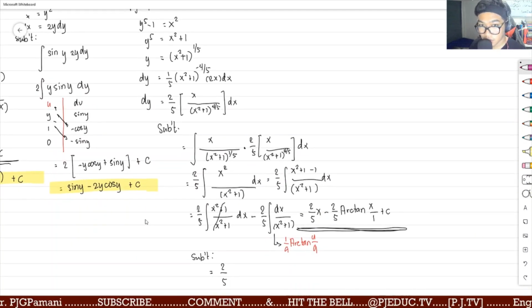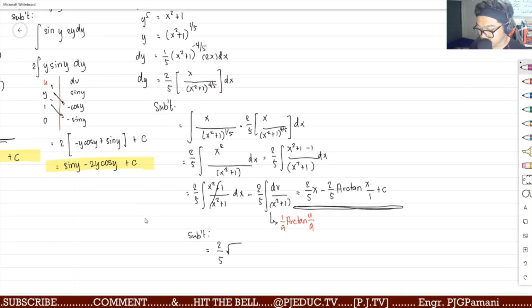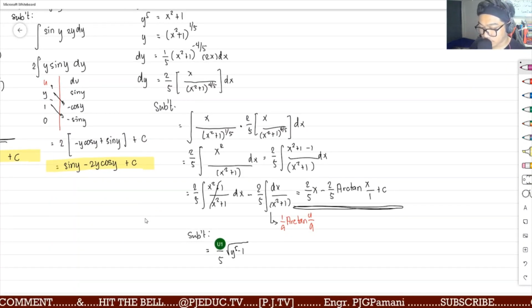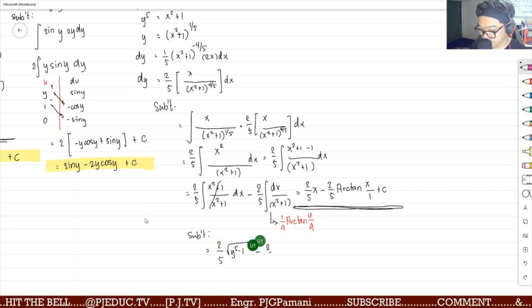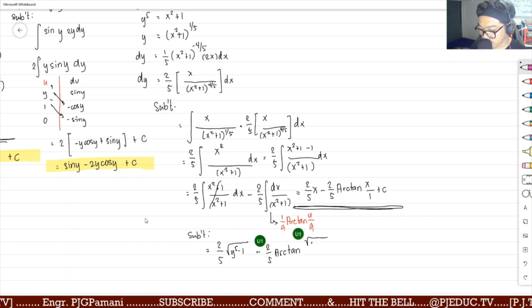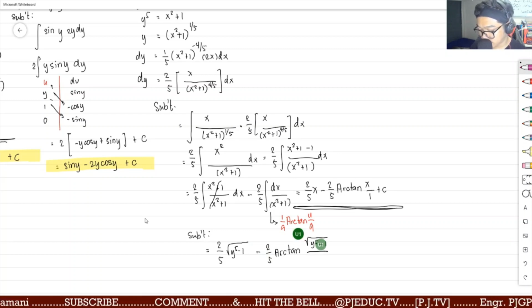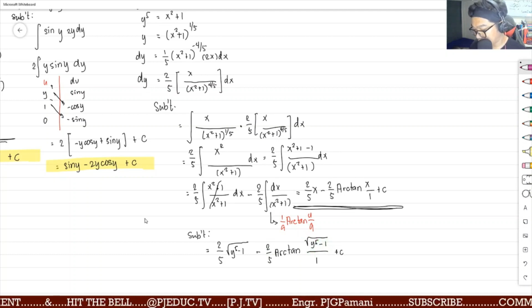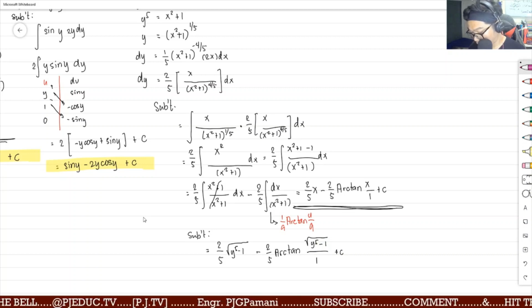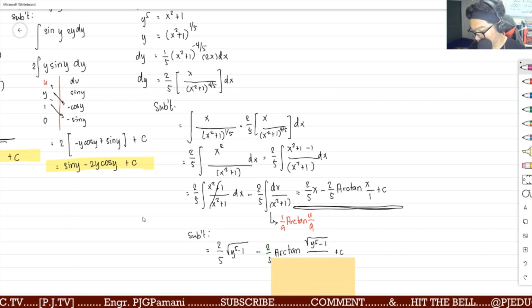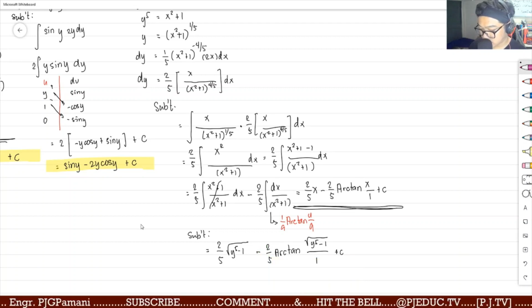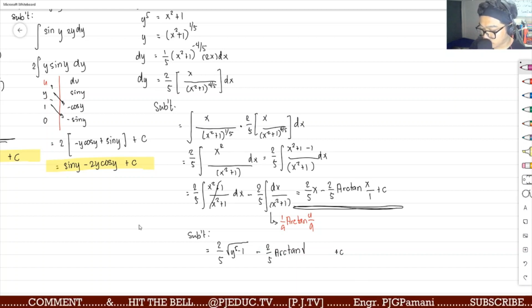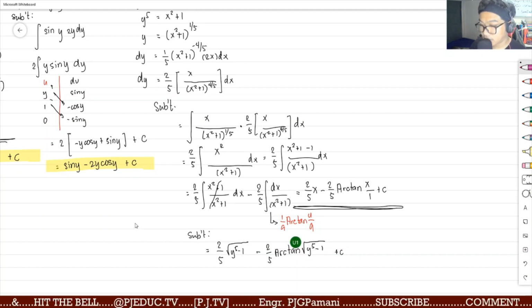X is equal to the square root of y raised to 5 minus 1 minus 2/5 arctangent x square root of y raised to 5 minus 1 all over 1 plus c, or that is simply square root of y raised to 5 minus 1.